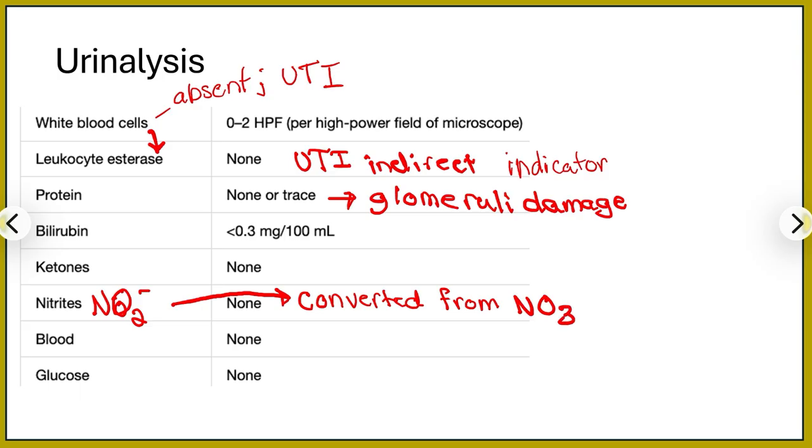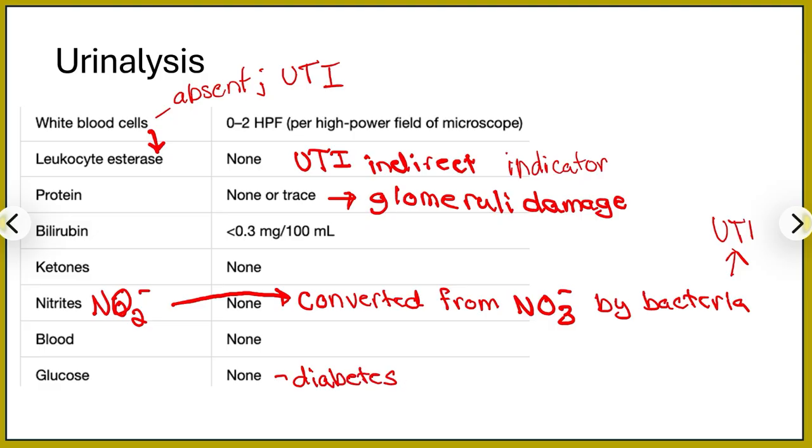So the nitrates, those are the NO3 minus, by bacteria. So if this is happening, it's another indirect UTI indicator. Blood, you normally don't want to see any of that. Glucose, if that's present, then that might be a sign of diabetes, either type 1 or type 2.